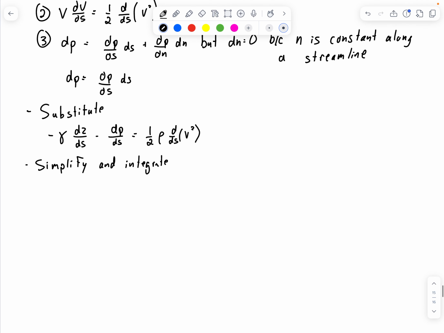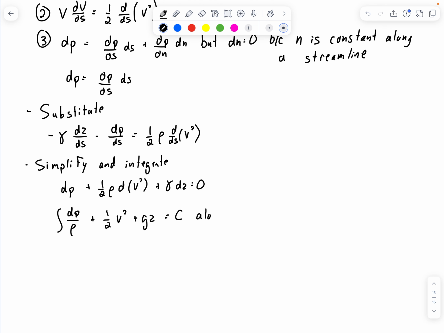And when we do that, we end up with dP plus 1/2 rho times d of v squared plus gamma dz is equal to 0. And then we can see that that is equivalent to the integral of dP over rho plus 1/2 v squared plus gz is equal to some constant along a streamline after we integrate that.